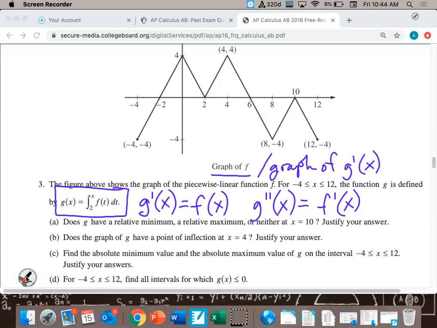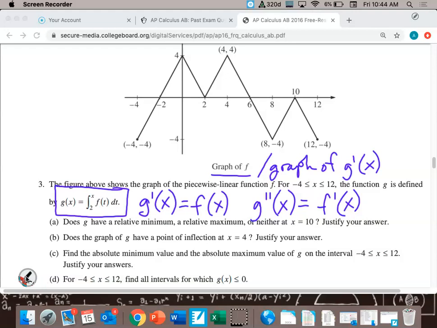Okay, so absolute max and min: you find your critical numbers and you test your critical numbers and your endpoints by plugging them into the original function. We're finding max and min of G, so G is our original function. Critical numbers would be where G prime is 0 or undefined.